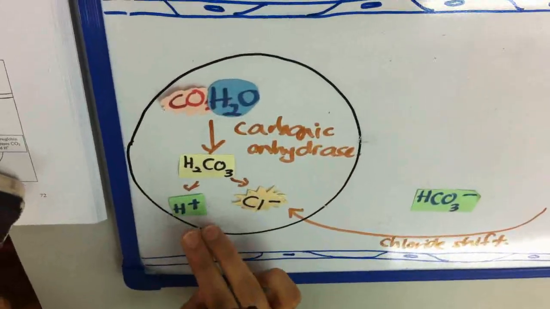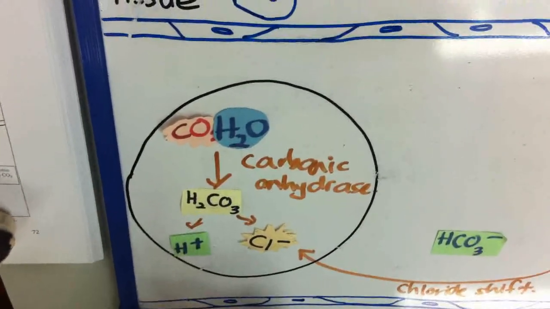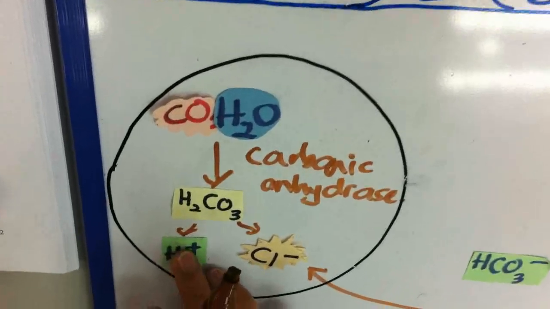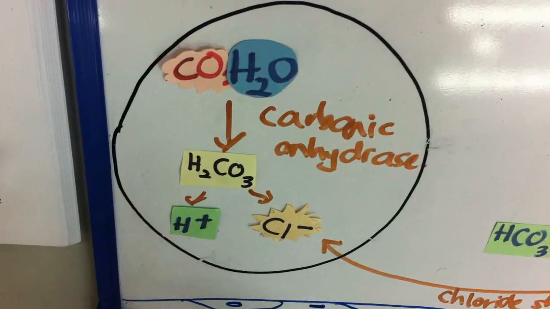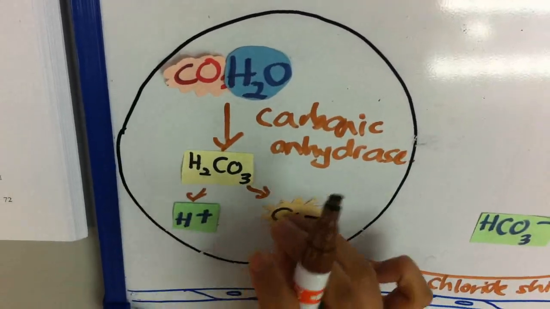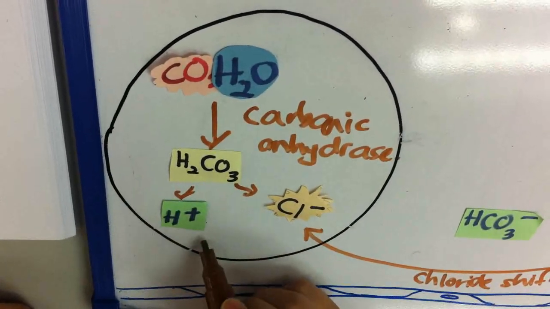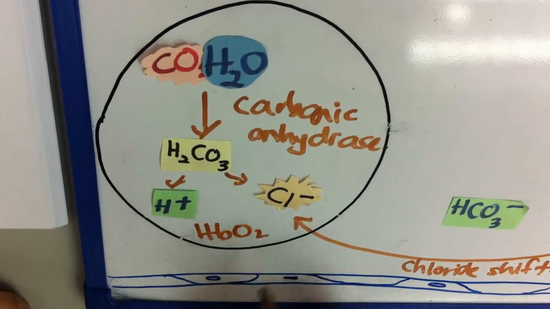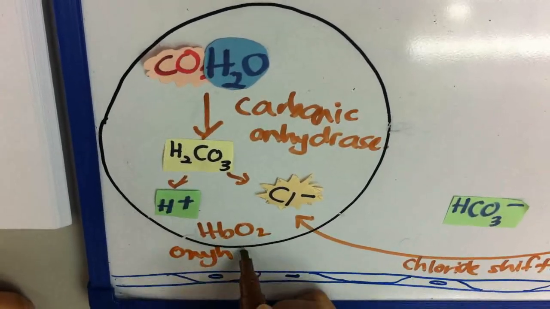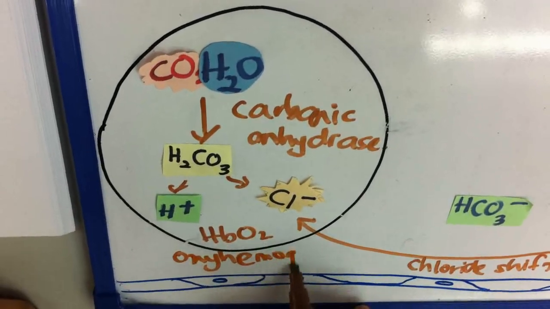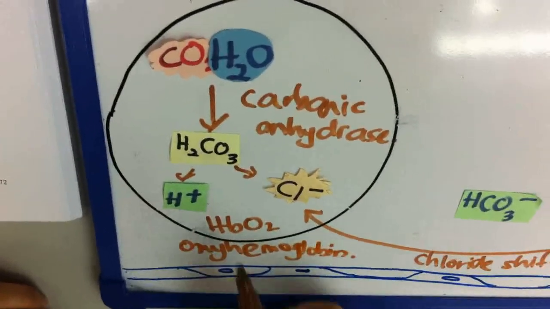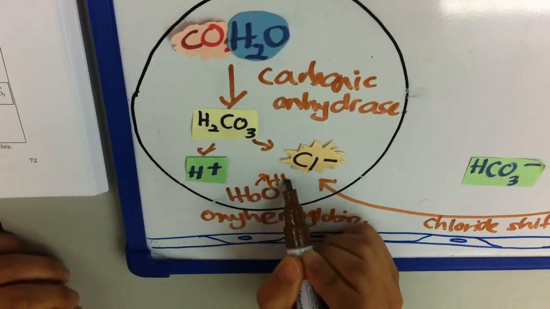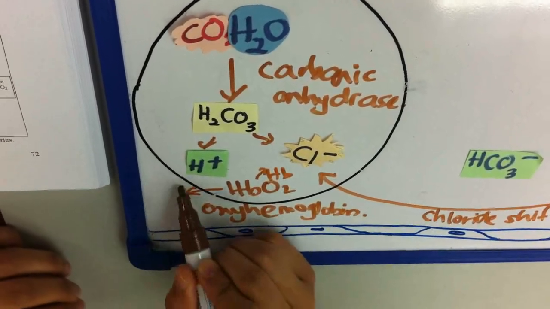With the increase of H plus ion, the pH will also decrease and become more acidic. So who is going to neutralize or increase the pH? It comes from hemoglobin, from oxyhemoglobin. Oxyhemoglobin will dissociate to become hemoglobin and also oxygen.